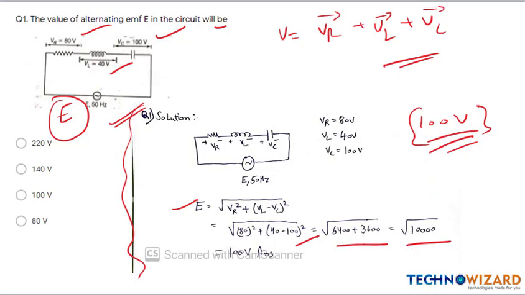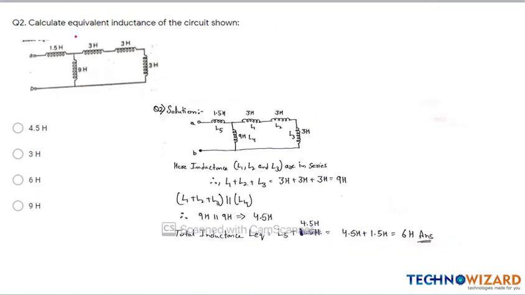Okay. So question number second: calculate the equivalent inductance. Now for calculating equivalent inductance, the formula used will be the same as for equivalent resistance. These three inductances are in series, therefore L1 plus L2 plus L3 is equal to 3 plus 3 plus 3, which is 9 Henry.